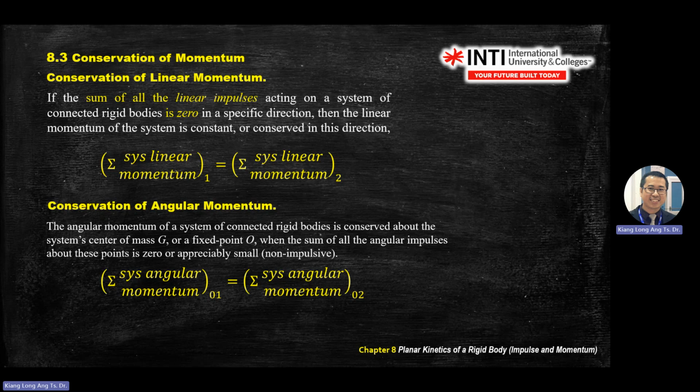For linear momentum, mv1 equal to mv2, usually you want to find velocity number 2, so usually this one is missing. For angular momentum, I omega 1 equal to I omega 2, usually you want to find omega 2 or the initial omega.